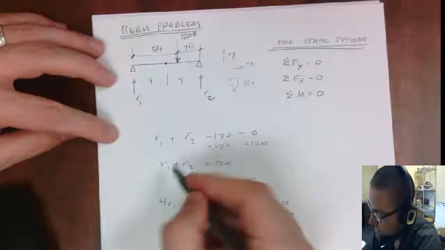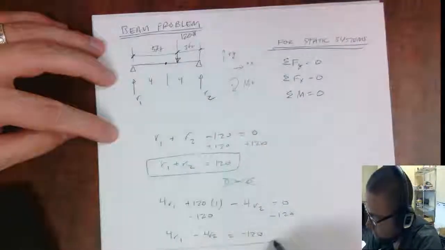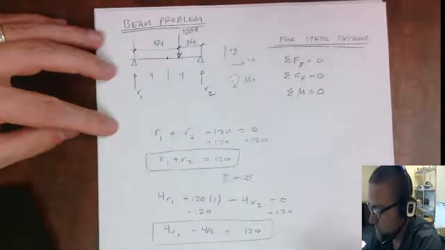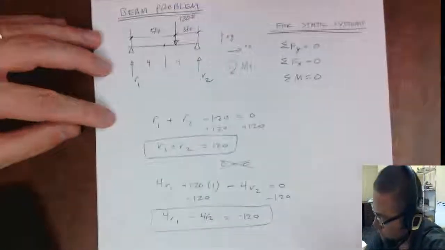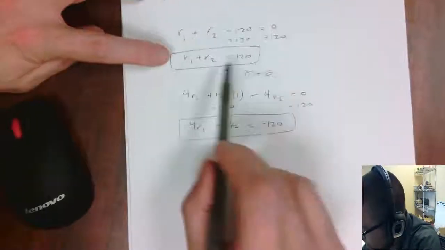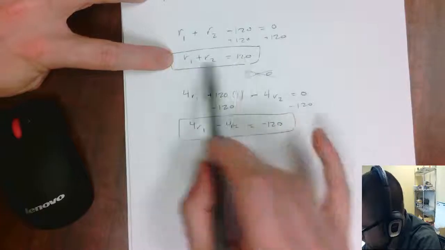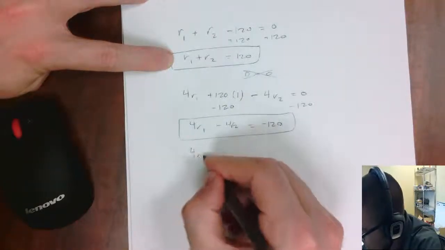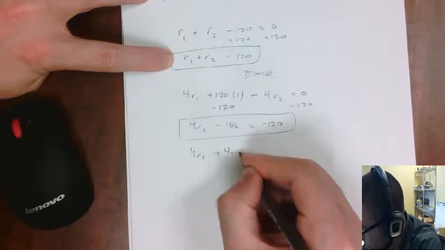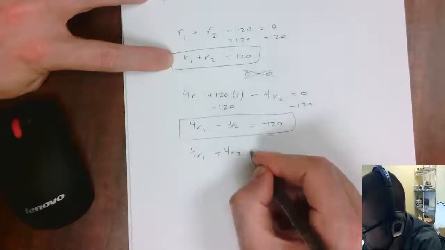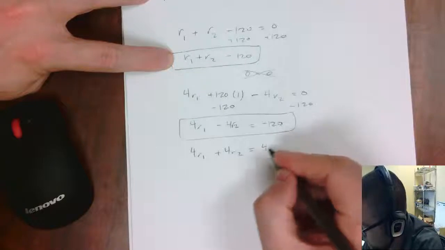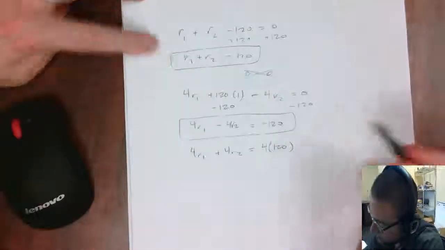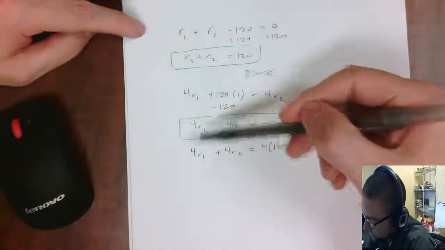So this is my first equation, this is my second equation, and I need to solve the system. Let me multiply this whole equation by 4, and then my R2 should cancel out. So 4 times R1 plus 4 times R2 equals 4 times 120. And then I add these two equations together.